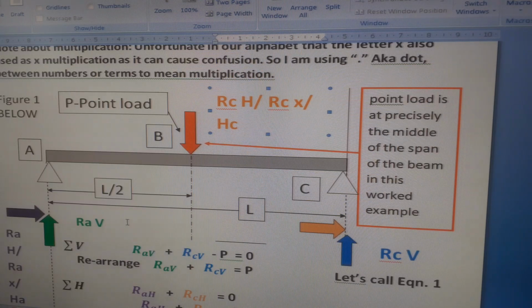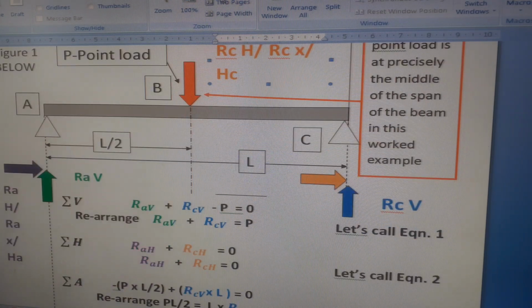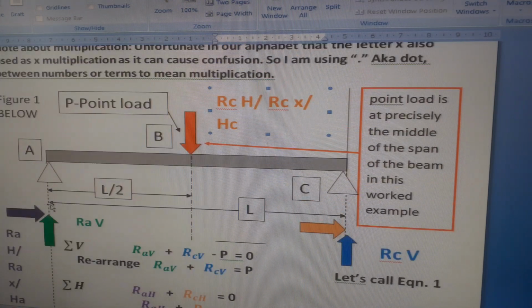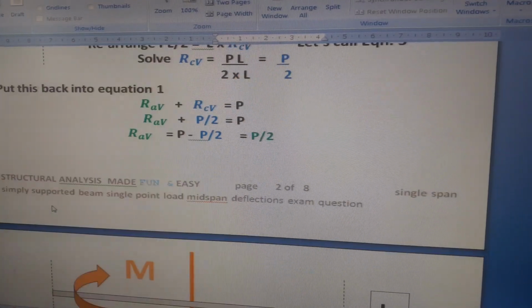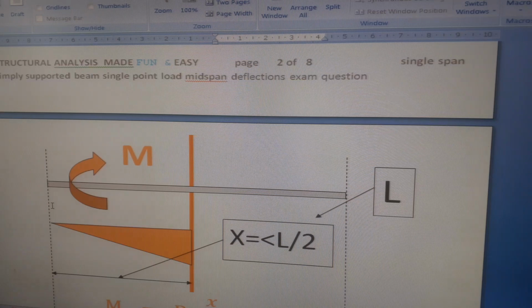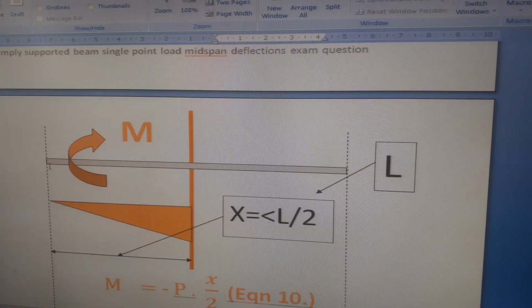So basically what we had to do first is, if I just skip forward to show you why I'm doing this, we need to find out what the moment is along the length of the beam. This thick orange line is where it's L/2.